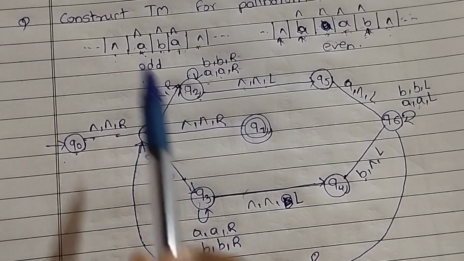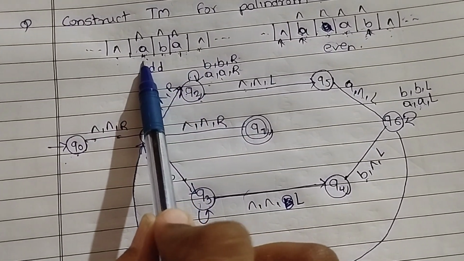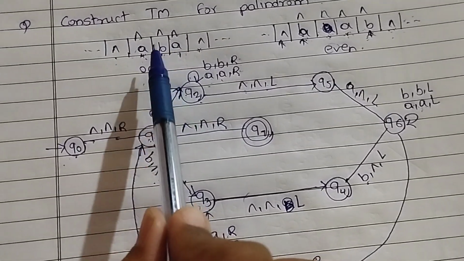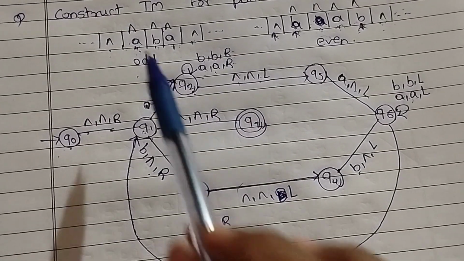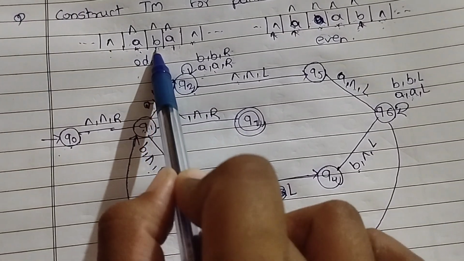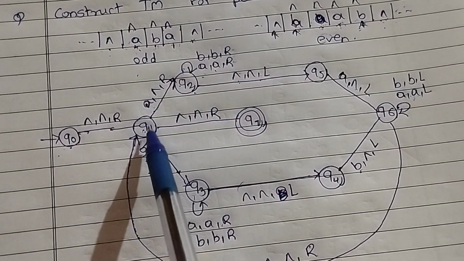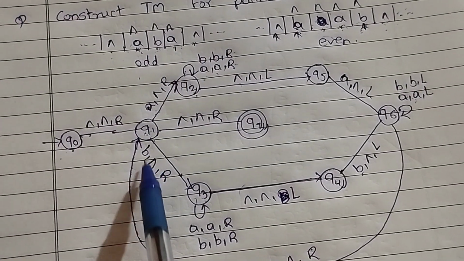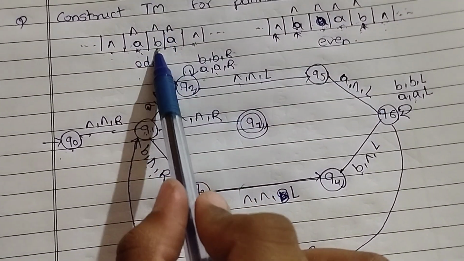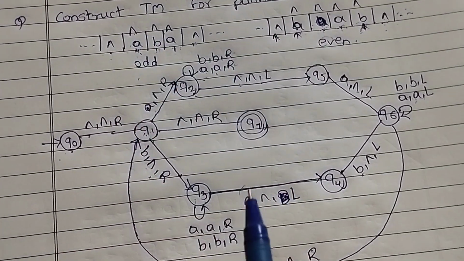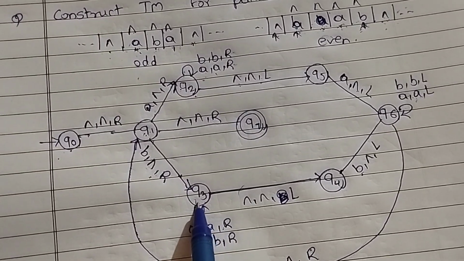After that we travel by using this path. No, this path, because after this null value we shift to the left, we shift to the right here. Null, null and right. So after this we shift to the right, we read the B. After this B, we transfer this B to the null. So we convert this B to the null and we reach this state.